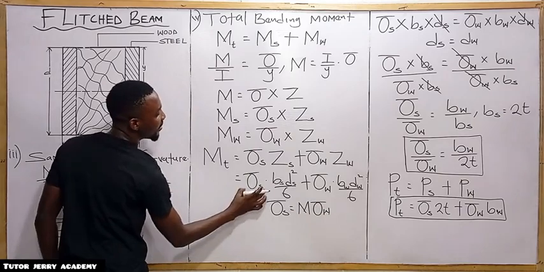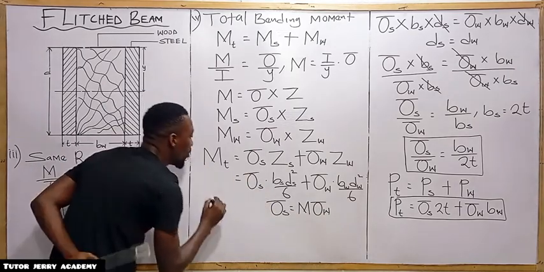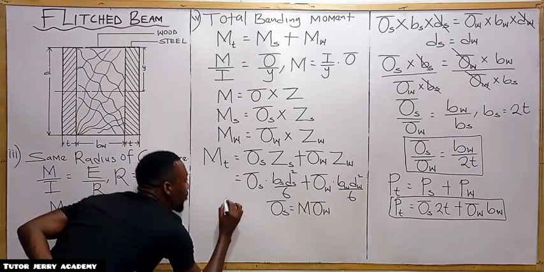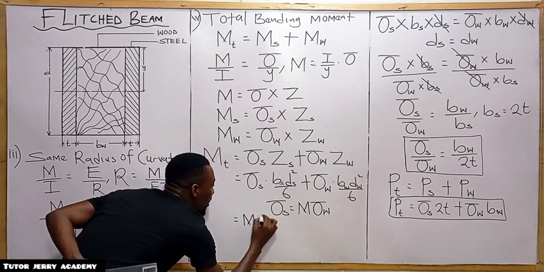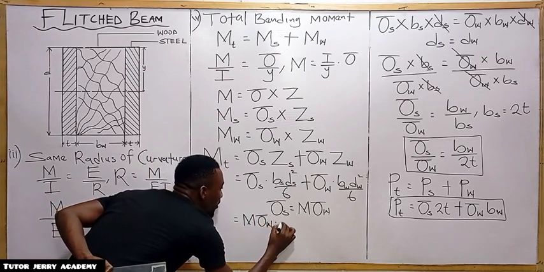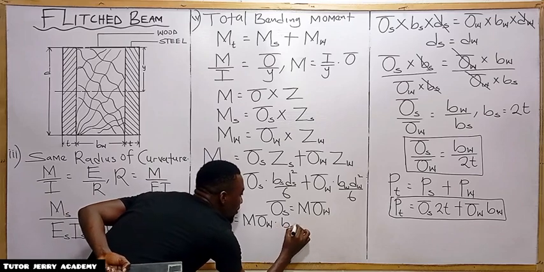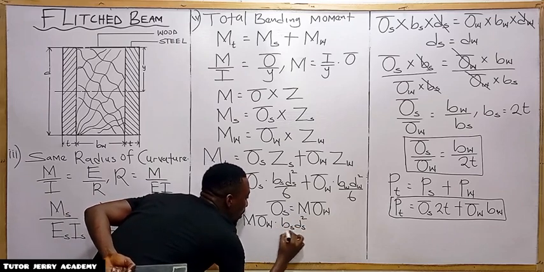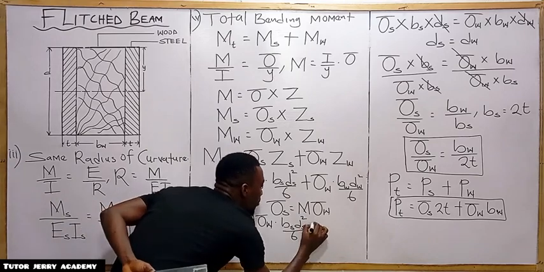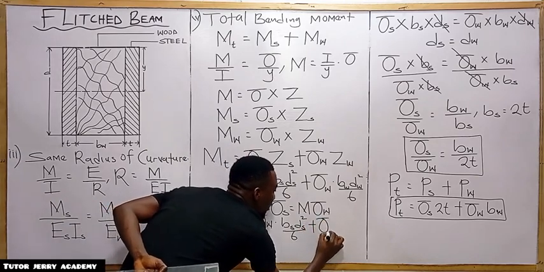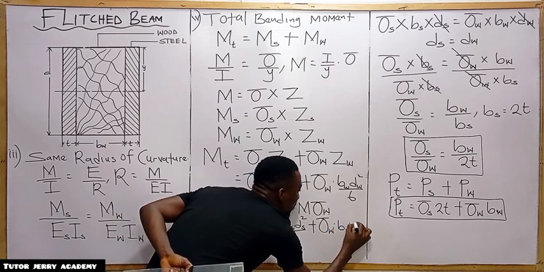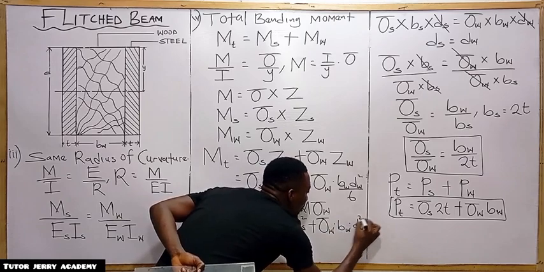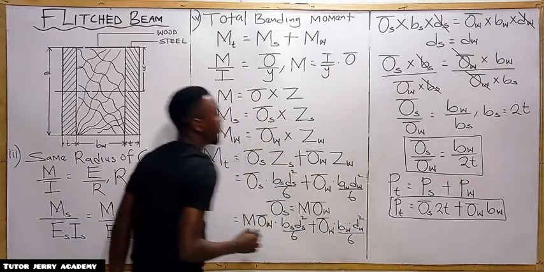So if we substitute that here, we are going to have our formula written in the form of the modular ratio multiplied by the stress in the wood, then multiplied by B subscript S, D subscript S all squared over 6, plus the stress in the wood multiplied by B subscript W multiplied by D subscript W all squared over 6.